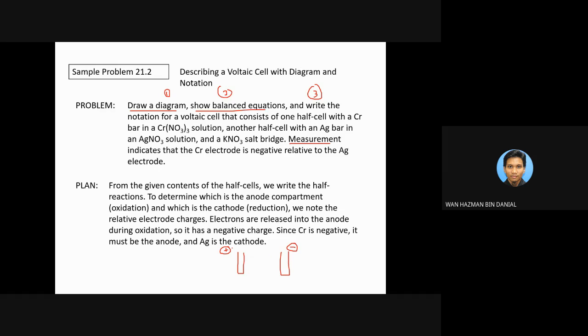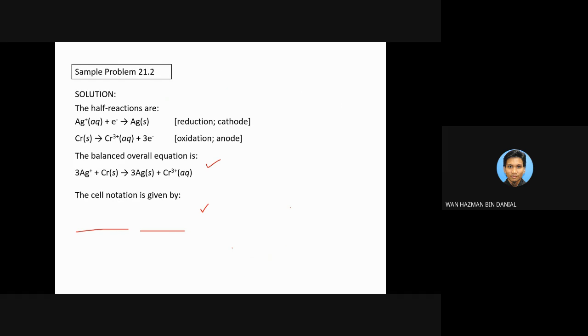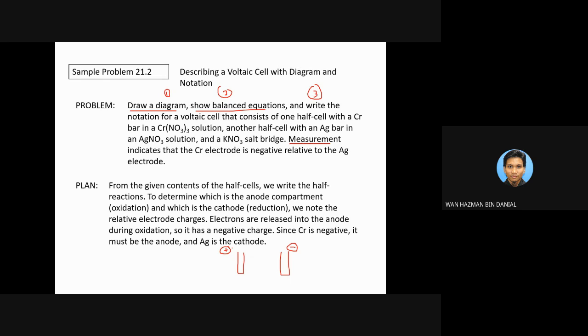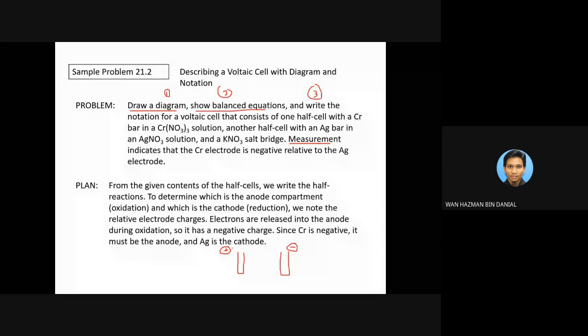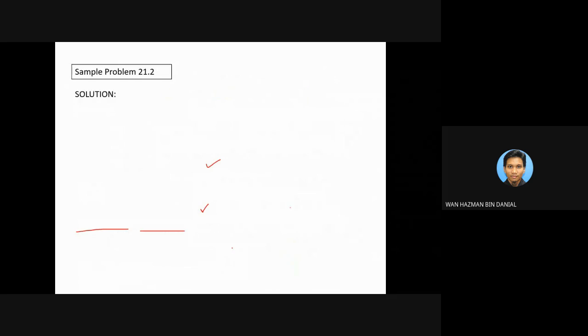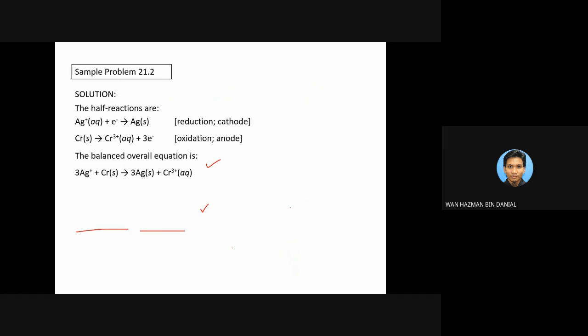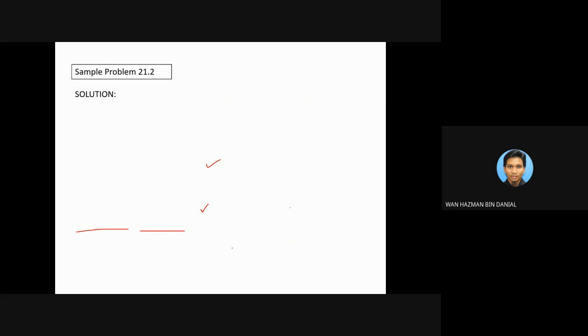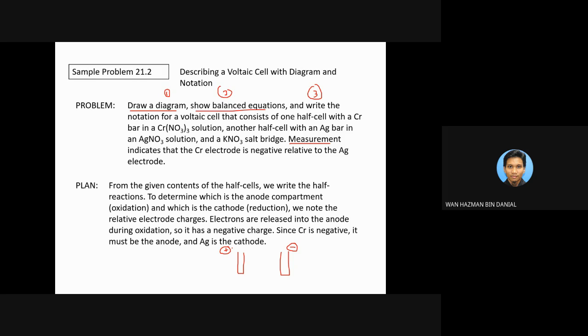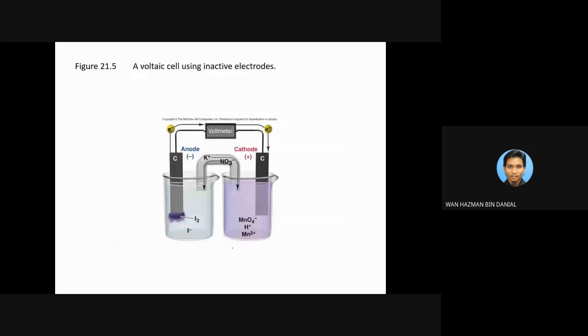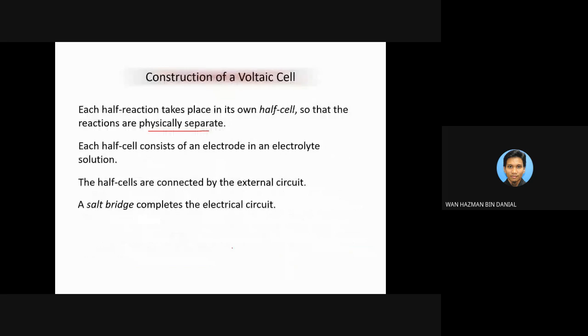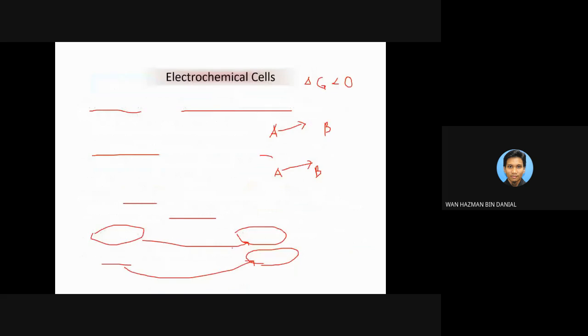So kalau galvanic, you kena tengok dia negatif ni sama ada dia galvanic ataupun electrolytic. So in this case dia adalah anode. Saya rasa ada dekat dalam first slide tadi kot. Let me check. Kita tengok.